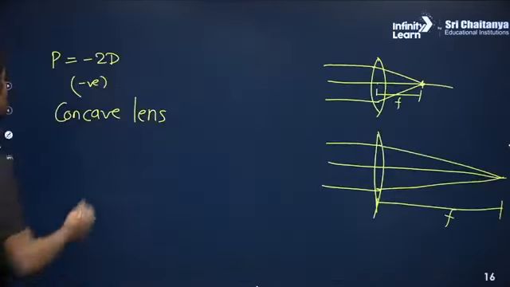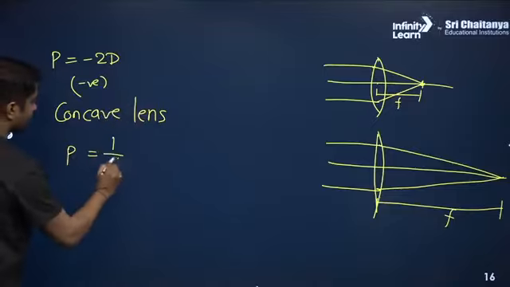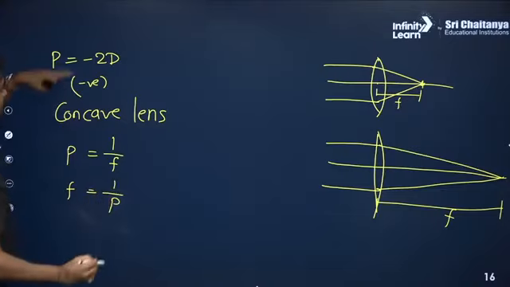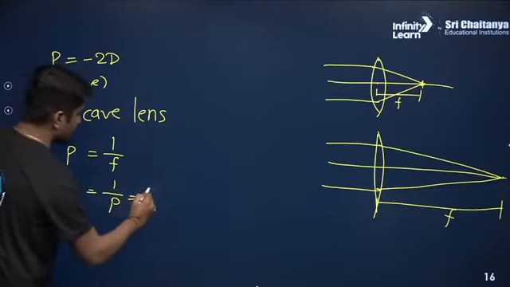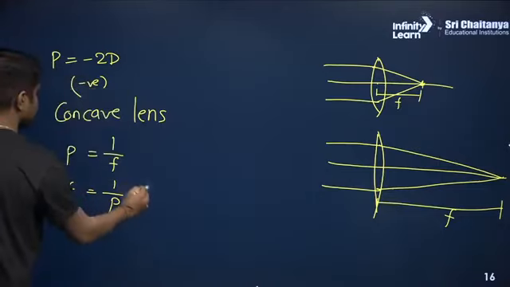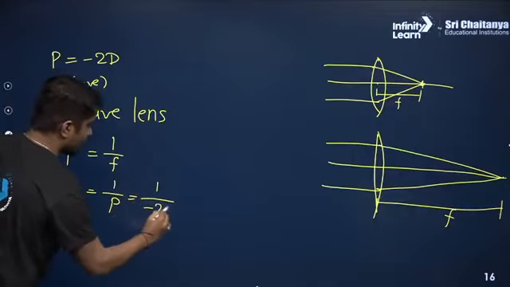So we know P is equal to 1 by F, or F is equal to 1 by P. What is power? -2 diopter, so this is 1 by -2 diopter.